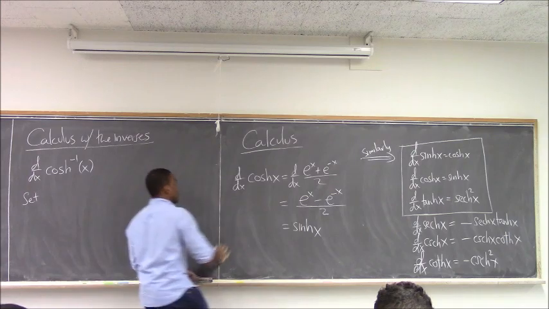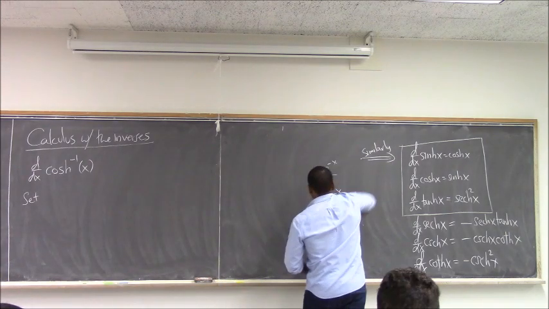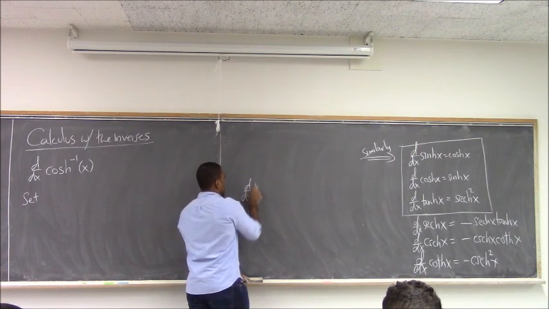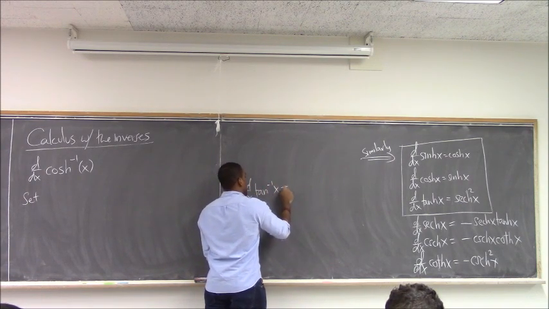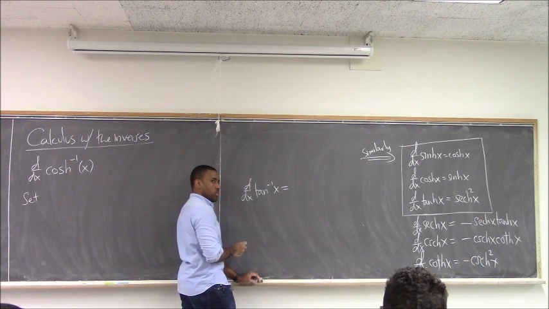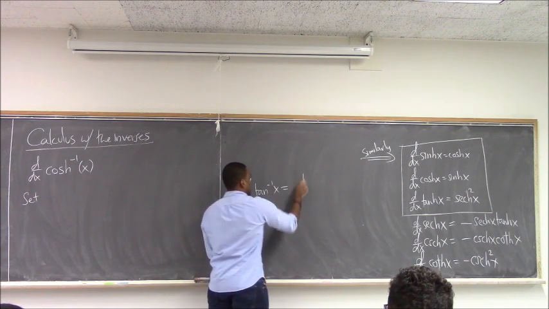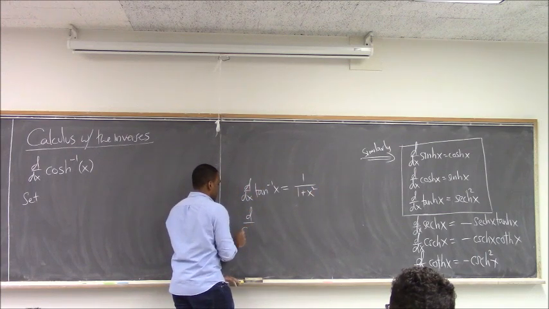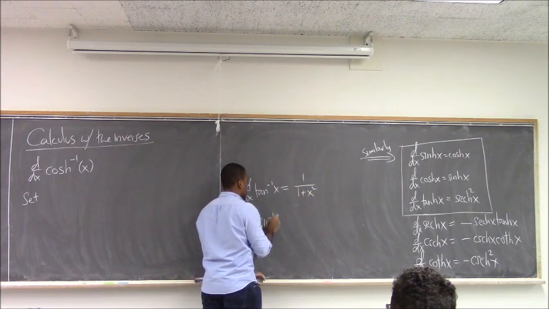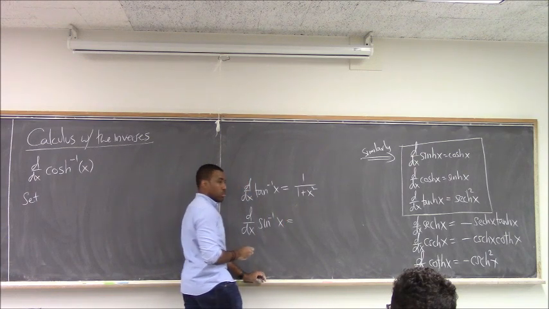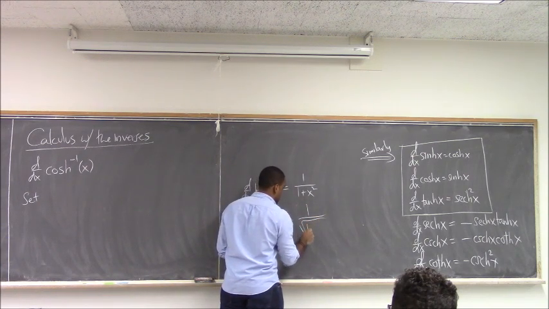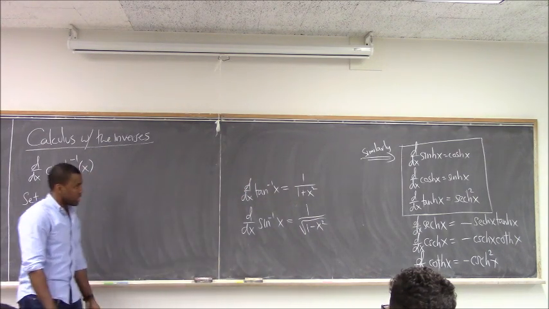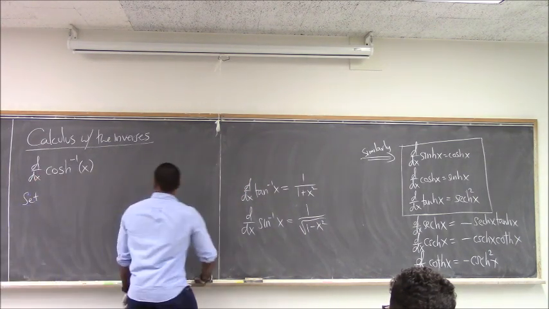Maybe I should ask you guys about that. What's the derivative of tan inverse? What's the derivative of sine inverse? So in terms of inverse trig functions, I expect you to know those two derivatives. I don't care about the others.